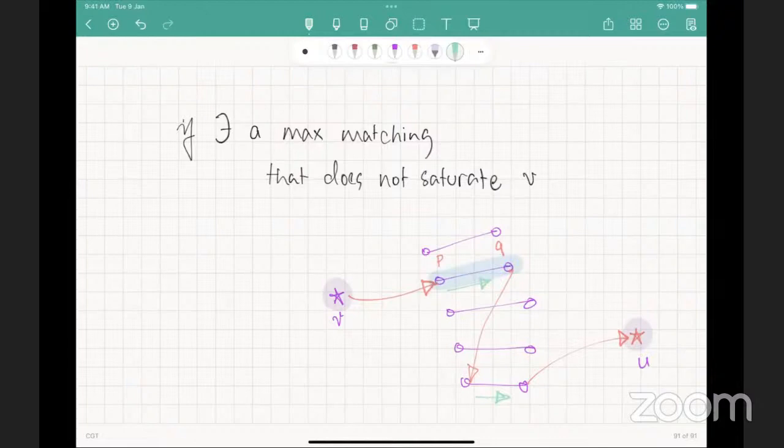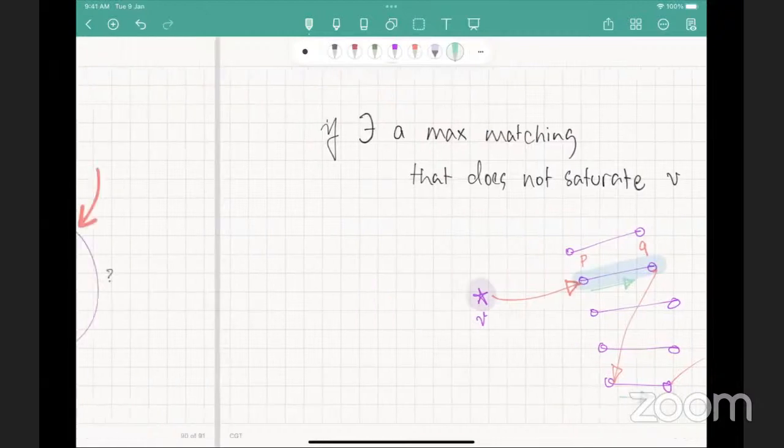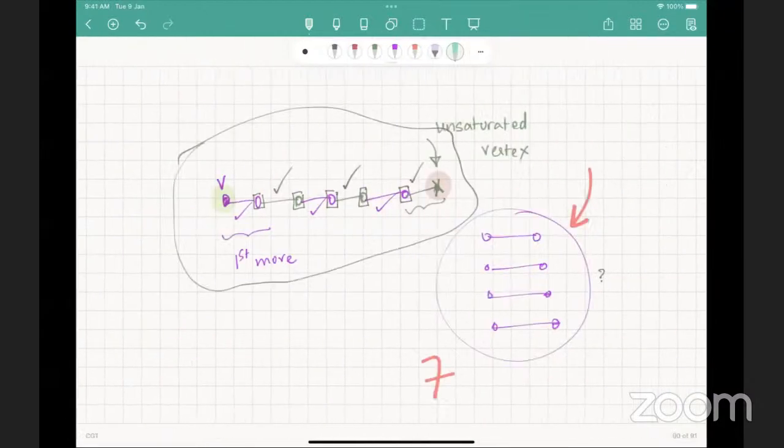Okay. So just to recap, there are two main ideas here. One was the fact that if you have an alternating path that starts at the vertex V and ends at an unsaturated vertex, then you have the same number of edges that are matched versus unmatched.